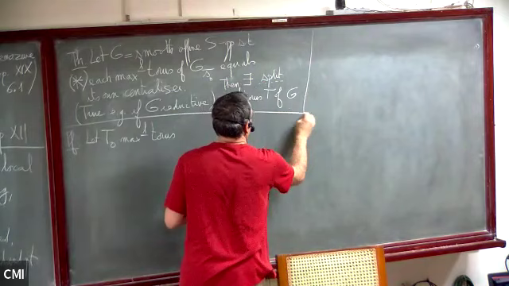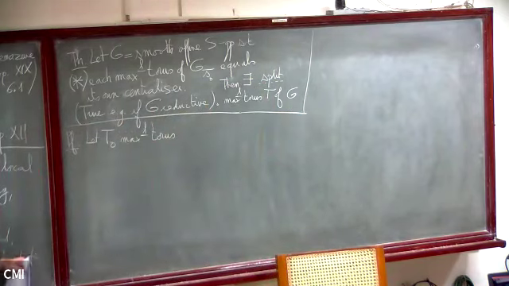So the result we want to prove is that we want to construct a maximal torus in G.